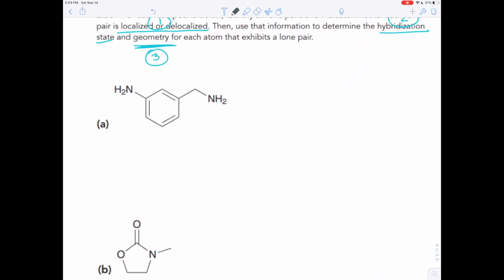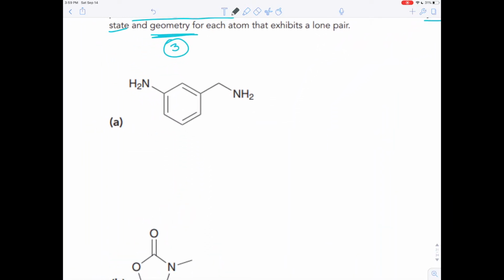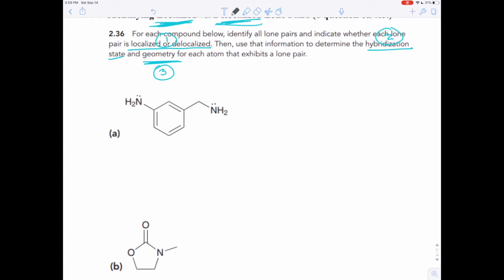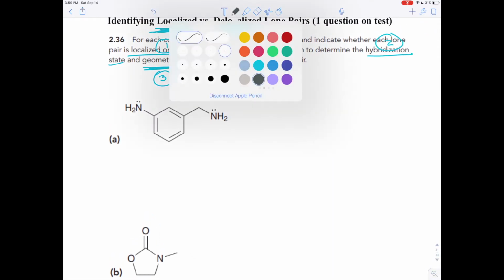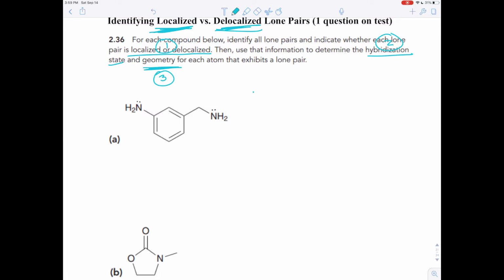All right, let's apply that concept here. First, let's draw in the lone pairs. This nitrogen has one lone pair, this nitrogen has one lone pair. First things first, let's do the first step for each of these: localized or delocalized. So let me actually keep the tab below them. Okay, these lone pairs are not involved in any resonance patterns.